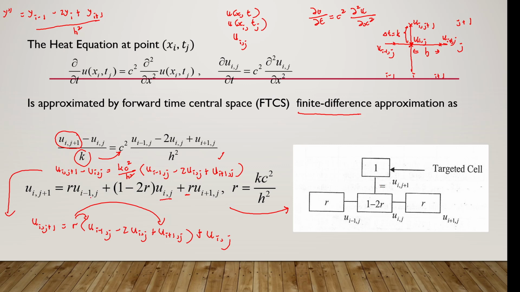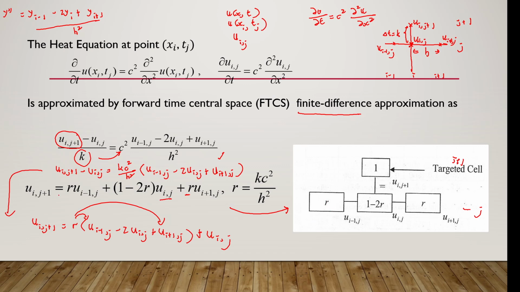I minus 1 is the left cell, u_ij is the center cell, I plus 1 is the right cell. So this one is level j, and the targeted cell is level j plus 1. That's why we derive the formula from the molecule here.